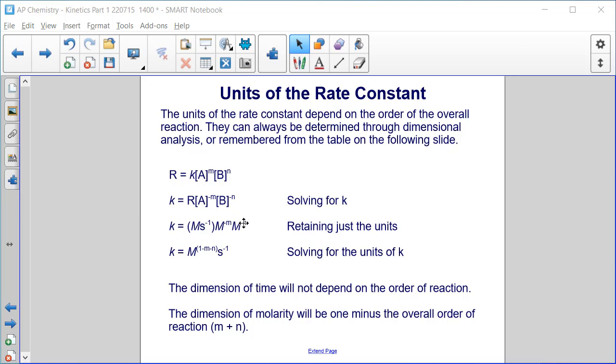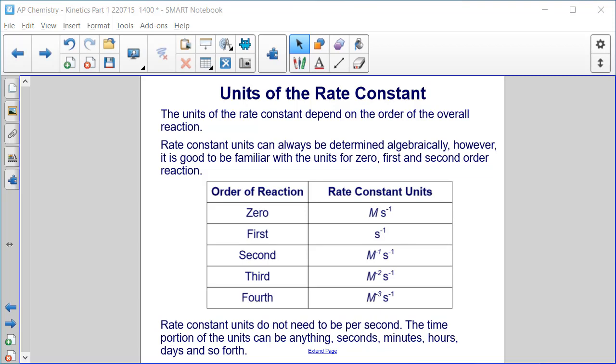So solving for the units of K, generically, I get molarity to the power of 1 minus whatever the coefficient M is, minus the coefficient N, seconds to the minus 1. The dimension of time will not depend on the order of the reaction. It's always per second. The dimension of molarity will be 1 minus the overall order of the reaction, M plus N.